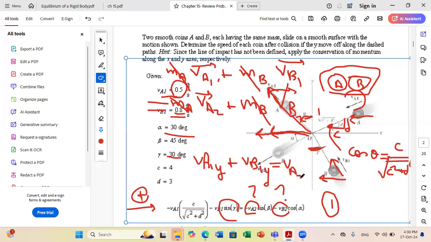Okay. So here also, all you have to do is projections, and you get a second equation relating the VA2 and VB2 magnitudes.